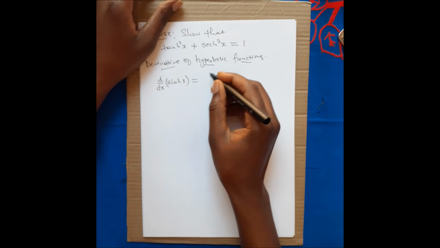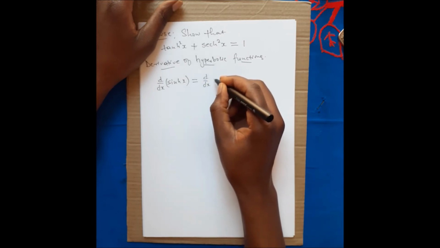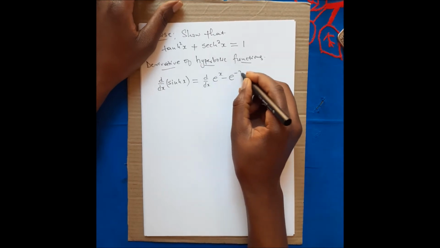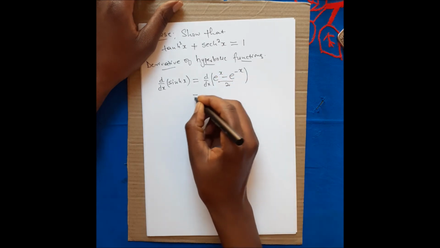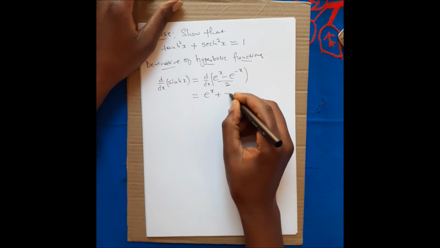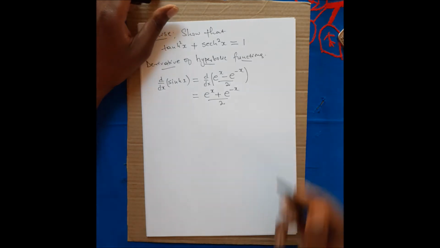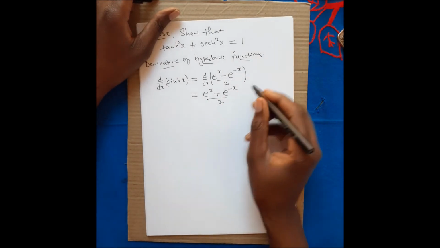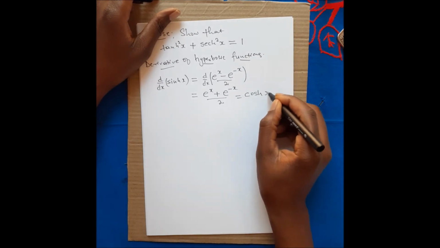This will be the same thing as the derivative of e to the power of x minus e to the power of minus x over 2. This will be e to the power of x plus e to the power of minus x over 2 if we're using chain rule for that one. And what is this? This is the same thing as cosh of x.